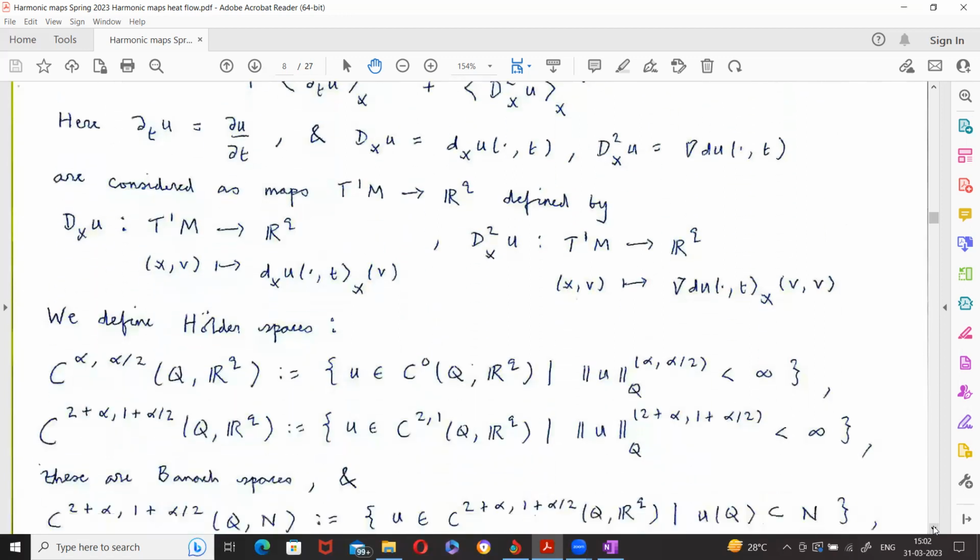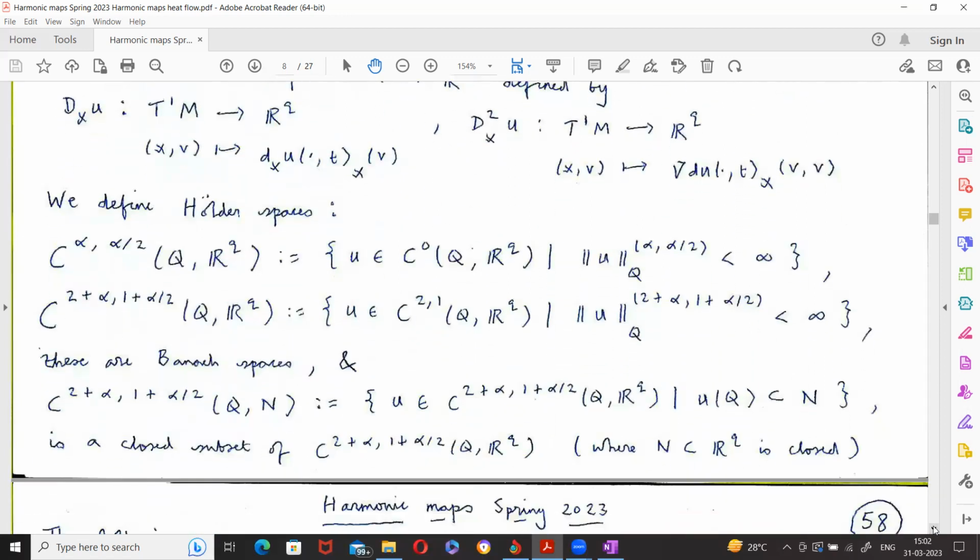So maybe now, yeah, we define these spaces. So these Holder spaces are Banach spaces, okay? That one can show, that's not too difficult. And one can also look at a subset of this Banach space of maps which take values in N, right?